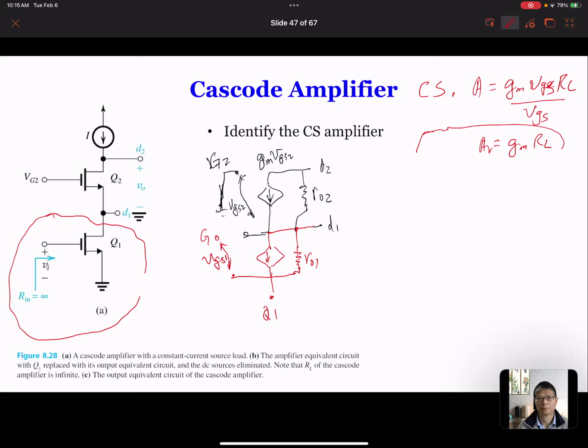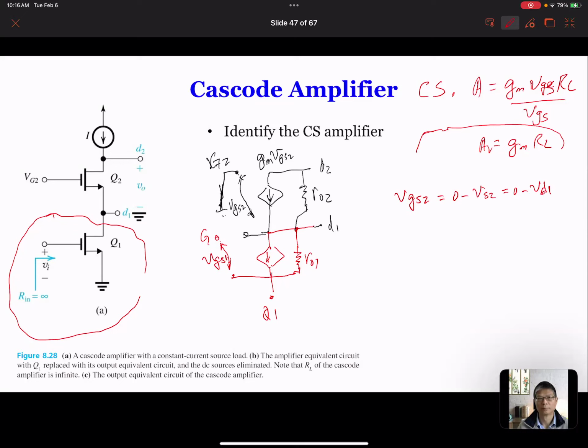So you can see here, if we calculate VGS2, that's going to be equal to 0 minus Vs. Right? So 0 is VG2, it is grounded. VS2 is equal to 0 minus VD1. You can see here is VD1.